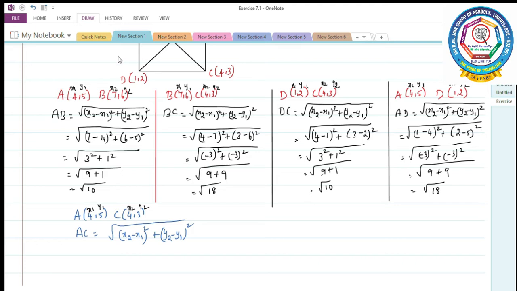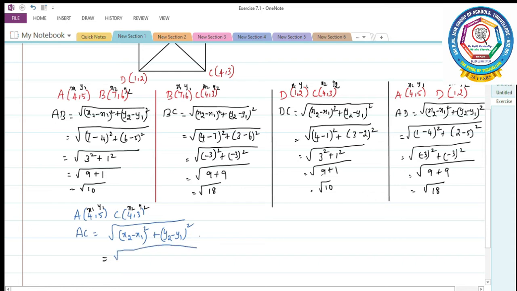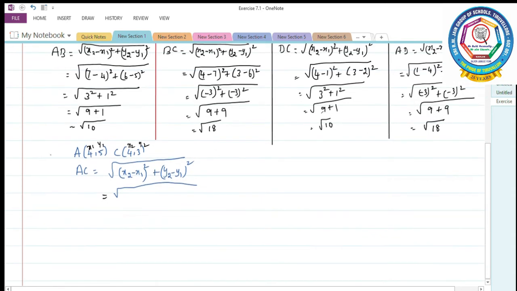So this is equal to square root of (4 minus 4) the whole square, which is 0, plus (3 minus 5), minus 2, the whole square.